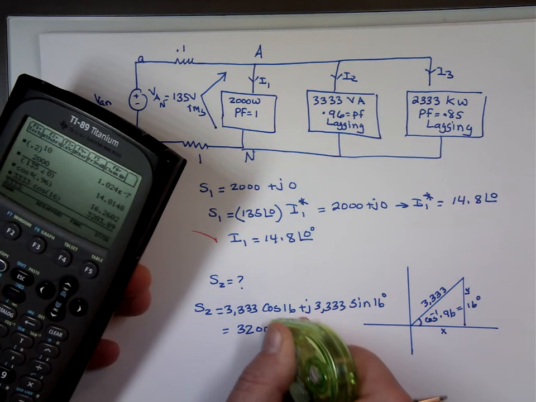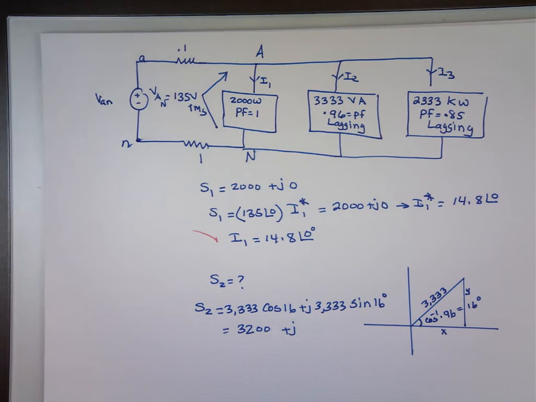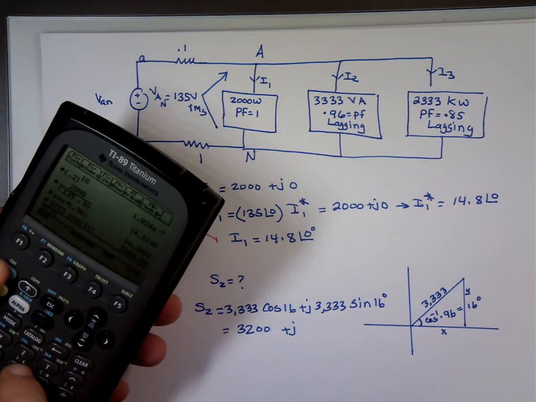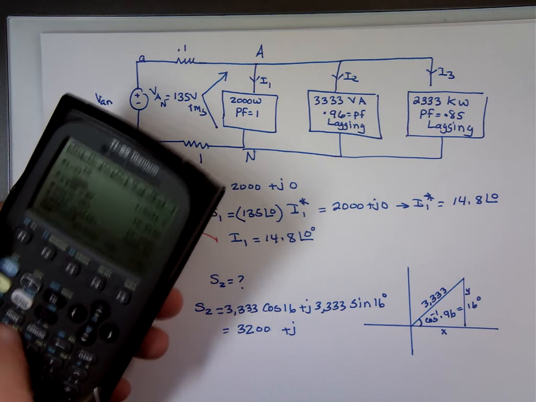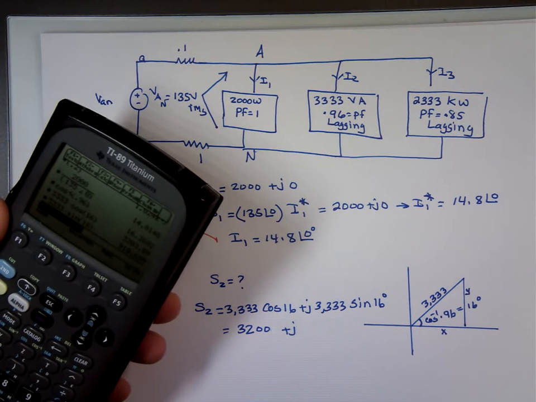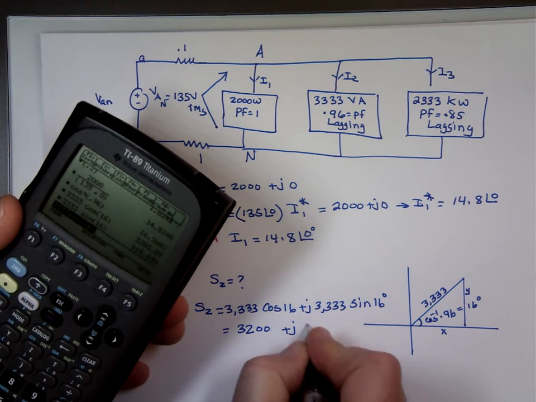Plus J, that'll be the sine here, and that's about 920.